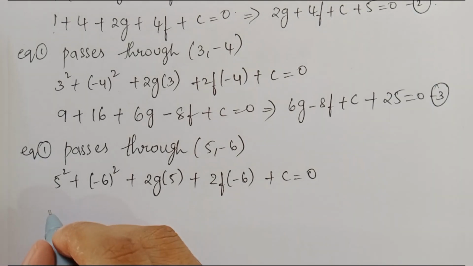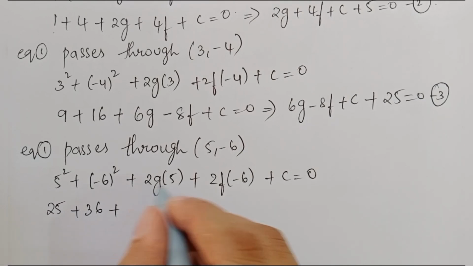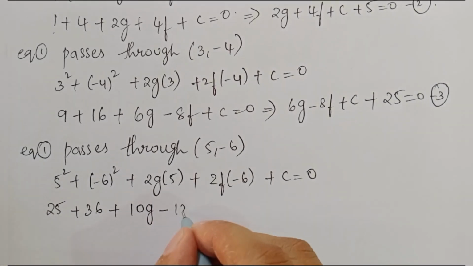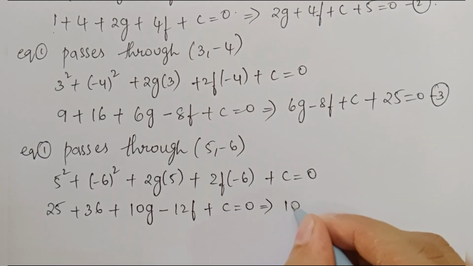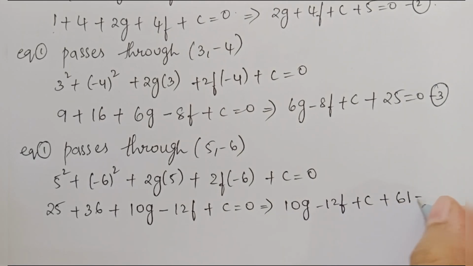So we'll get 25 plus minus 6 square will be 36, plus 2 into 5 is 10g, minus 2 into 6 is 12f, plus c equals to 0. So this can be written as 10g minus 12f plus c plus 61 equals to 0. Take it as equation 4.